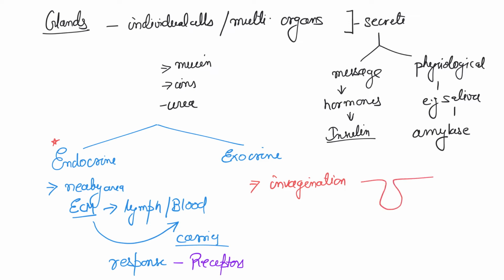Forming a pit-like structure of an epithelial tissue, right? Now, this invagination could have a duct, and there could be an acini, which is a group of cells which are supposed to do the secretion, and the duct is supposed to deliver it, right? Both of these are epithelial derivatives.